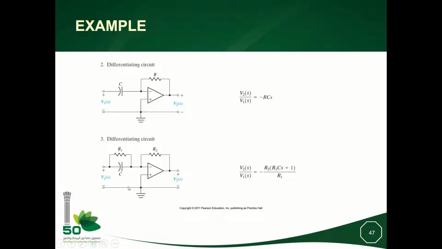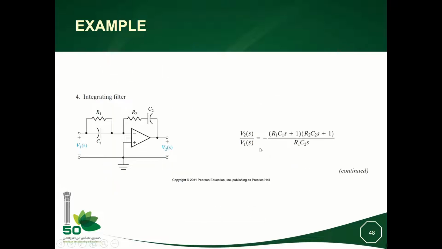In this example, we are putting a composite circuit at the entry side, and we have R2 in the output. So the impedance of the output is R2, and the impedance of the input is R1 parallel to the impedance of C, which is 1 over Cs. So R2 divided by the equivalent impedance gives this one, multiplied by a minus sign.